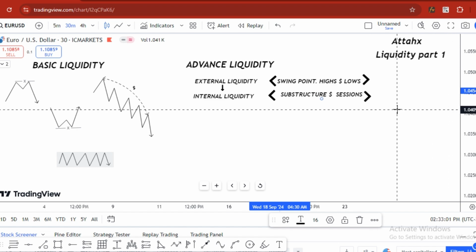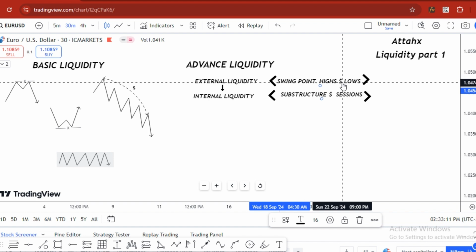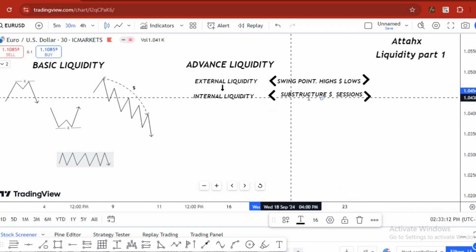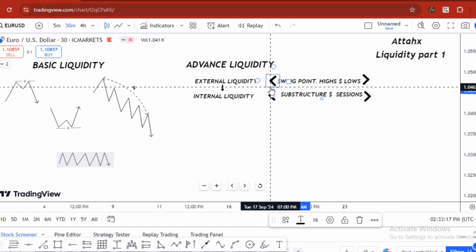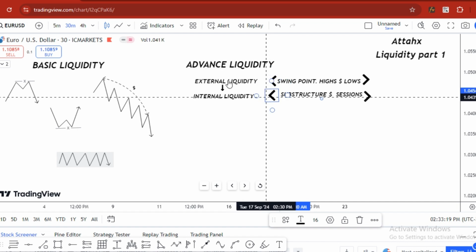But in this video, because sessions is a very different topic in the aspect of liquidity, I'm going to keep that aside and then explain the swing points, the highs and lows, the substructure, that's in the aspect of the external liquidity and the internal liquidity. So let's go over to this place.